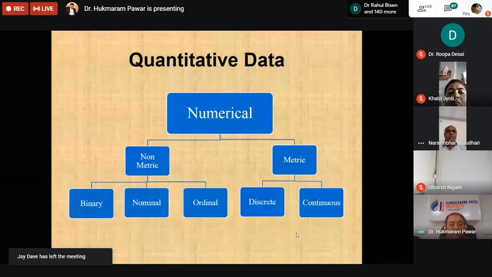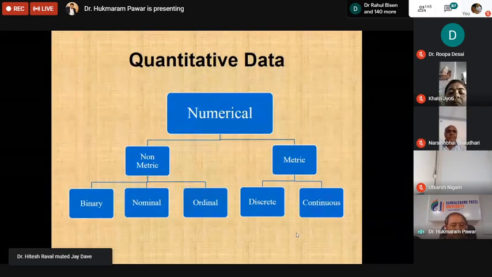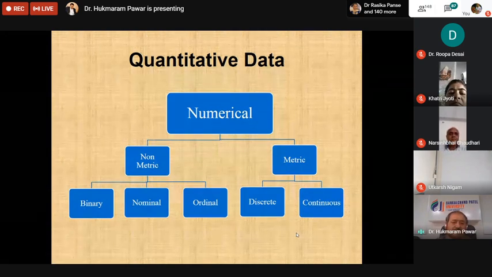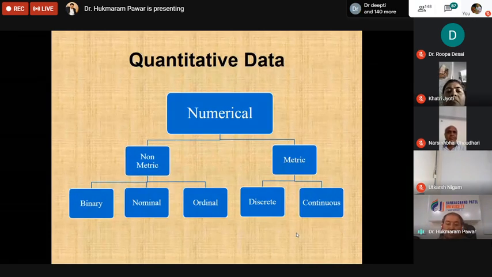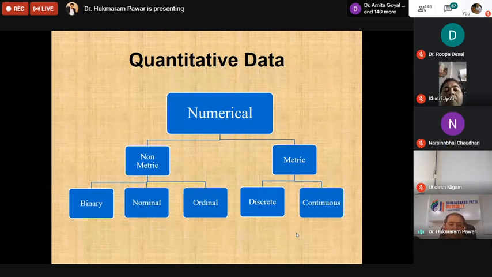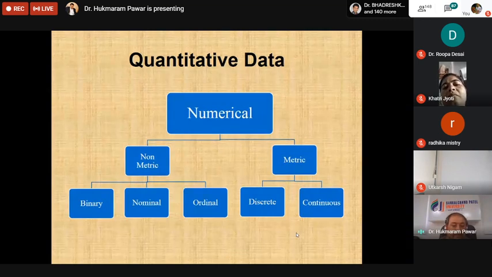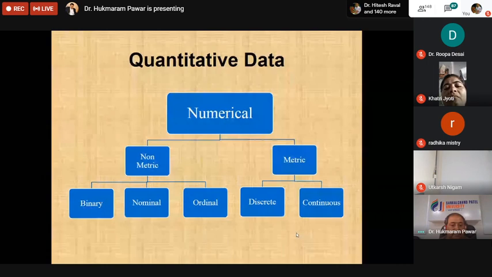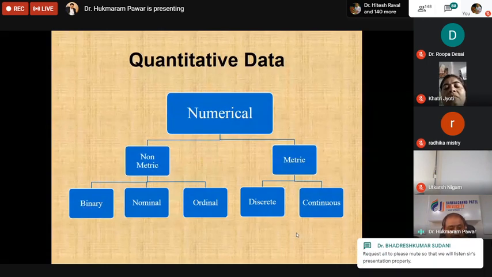And that's why, for our convenience, for our statistical purpose, for our analysis purpose, we need to assign the numbers. So non-numerical data are also converted into numerical form, and that becomes quantitative data. But all the numbers that come to us cannot be analyzed in the same way, and that's why we need to understand what scales are, and the nature of the data.